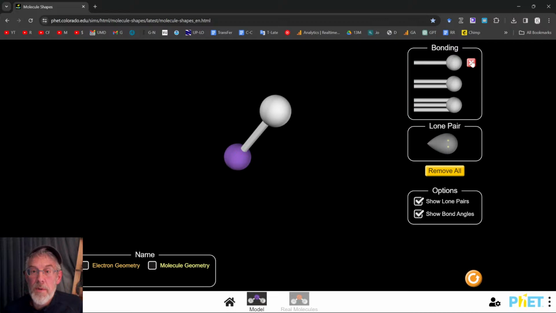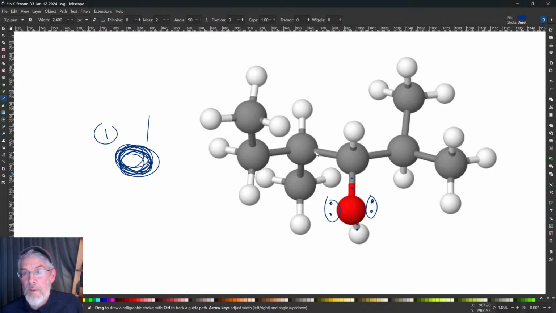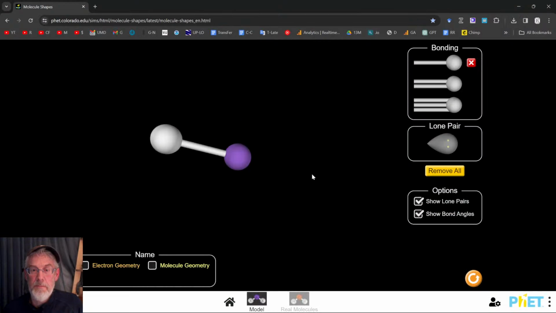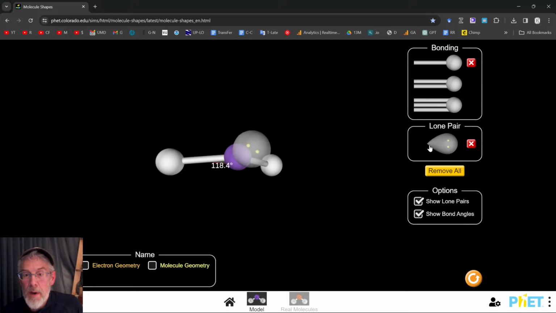So let's build that. We have one carbon here and one carbon here. Here's our oxygen. We have 2 lone pairs and 2 things attached. So there's 1 thing, 2 things. You get linear. Now we put a lone pair. Watch what happens.